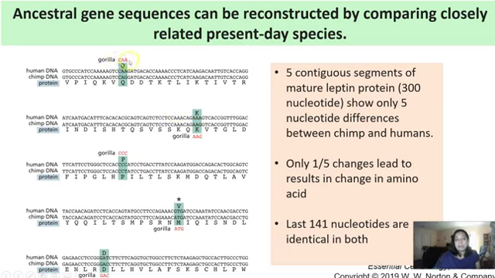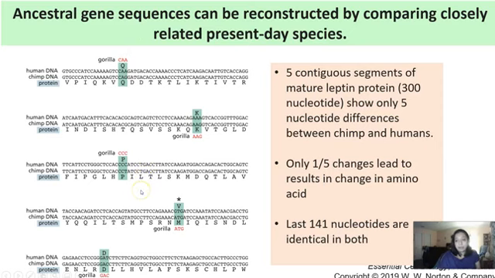Some of them are also changed in gorilla. Some of them are the same in gorilla as humans and are unchanged in them. So you can see that all these sequences that are present here, this particular gorilla sequence is either matching the chimp here, or it's the same as the human here.